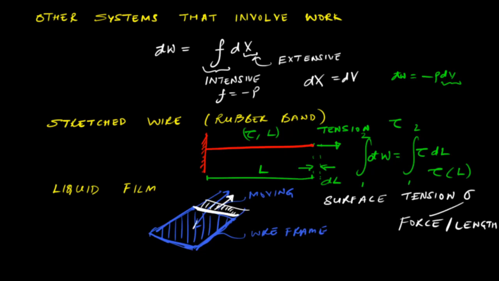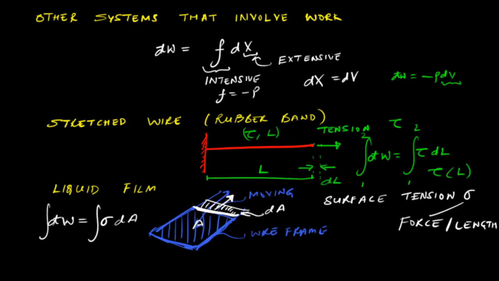So if I denote area by A, then this differential increase in area is denoted by dA. And if this is done slowly so that the system is in quasi-equilibrium, then the work that is done on the system to increase the area of the film by dA is sigma times dA. So again, sigma has units of force per unit length and A has unit of length squared. So you will get units of force times length, that is the unit of work.